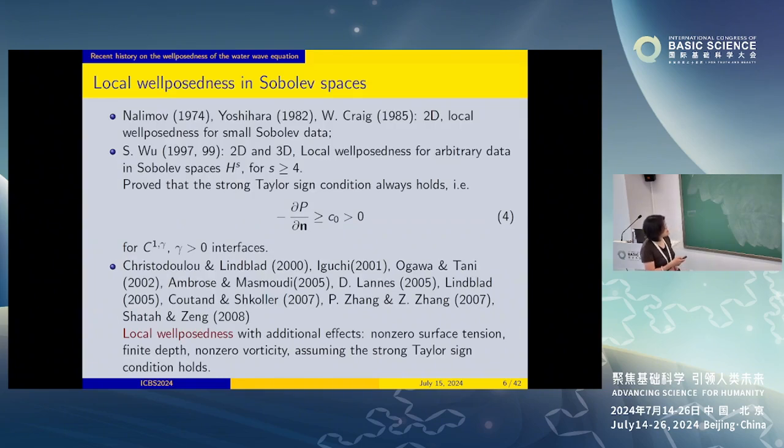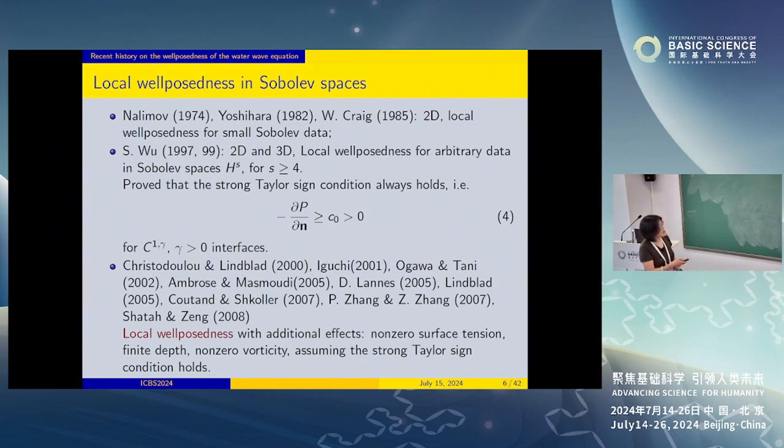Okay, so by now there are many studies on the water wave problem, okay? Here are the more recent results, just local well-posedness in Sobolev space. The first work was done by Nalimov in 1974 for small data, okay? This is infinite depth and 2 space dimensional.